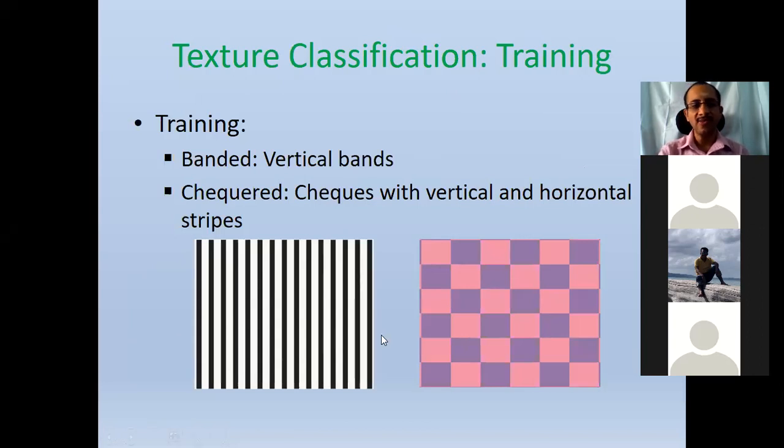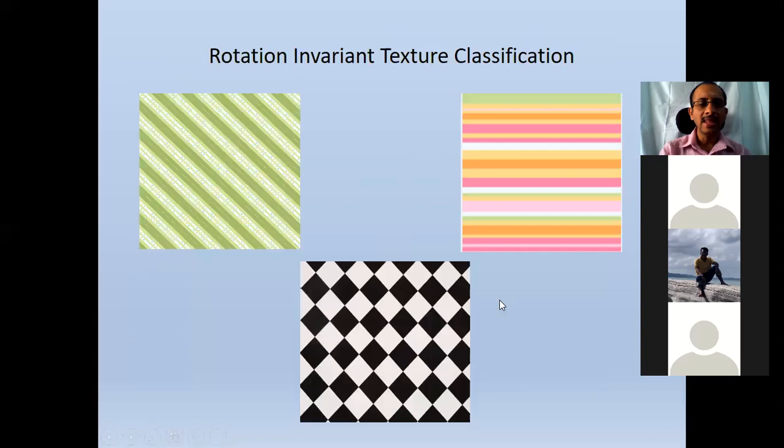Say I give you this, which is stripes, and this, which is a checkerboard kind of pattern. If I want you to classify these samples into 2 classes, this is also difficult. Do you think we will be able to classify or not?